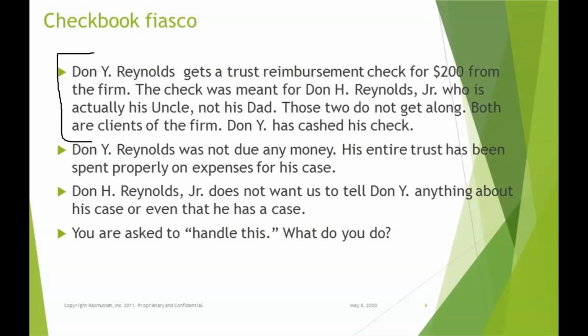The trust account should not just go by first and last name. You see why from this, don't you? Don H. Reynolds Jr. His money should not be going to Don Y. Reynolds, his nephew.